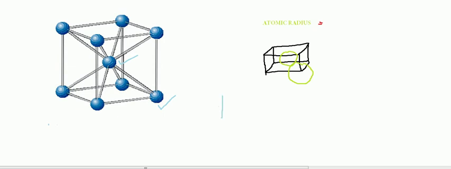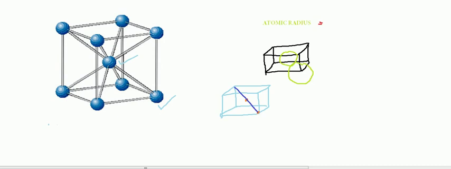Let me draw the diagram again. So you have a cube, you have atoms at the corners, and you have an atom at the center. So what are the nearest neighboring atoms? The nearest neighboring atoms in body center are this corner atom and this body atom. To calculate the distance between them, I need to calculate the distance from this part to this part.